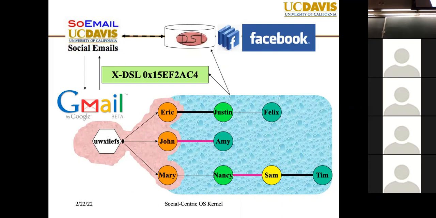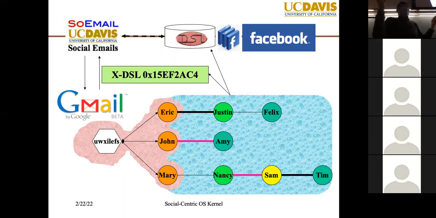We construct a social network graph. Then when you send an email, we have a mapping between the email address and the identifier. We look at the graph and find one of the paths which we think, computationally, has the highest value of trust.